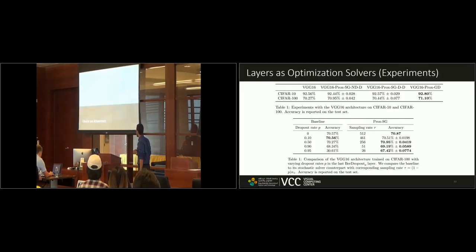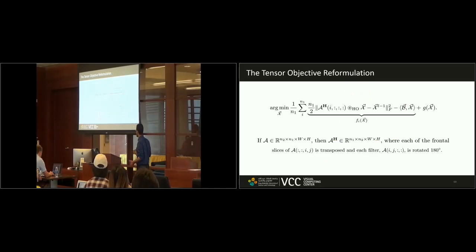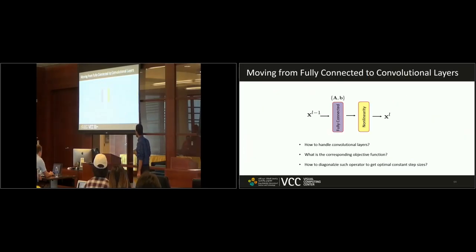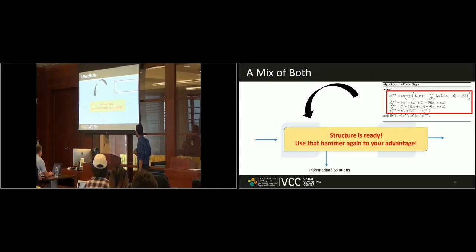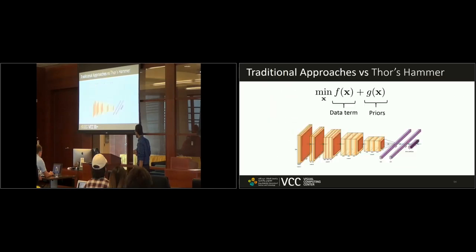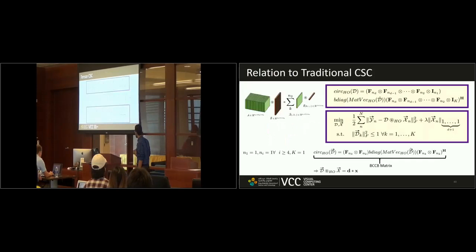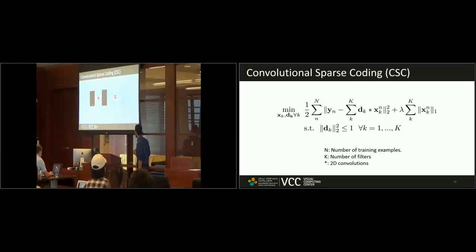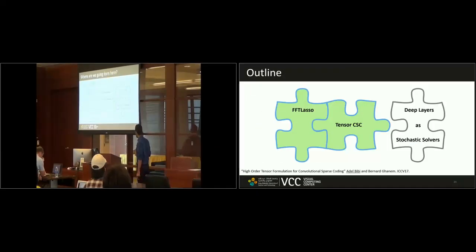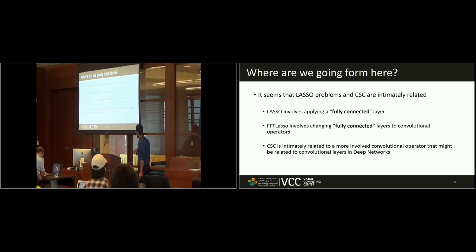So it's understandable that you are confused about the link. What I meant to say is that there are several works. Let me just jump to it. Yeah, this one. There has been work that relates convolutional sparse coding to the forward pass of a neural network.